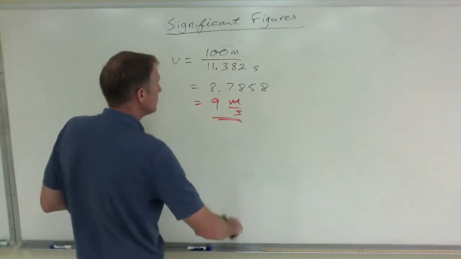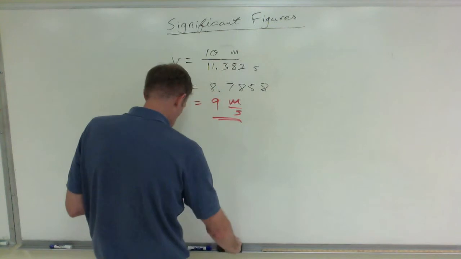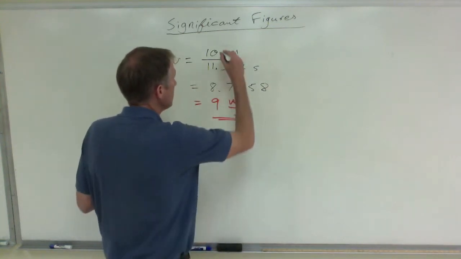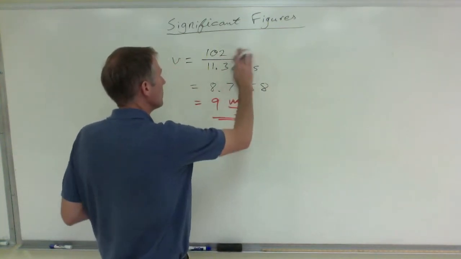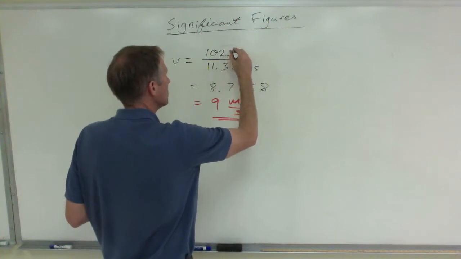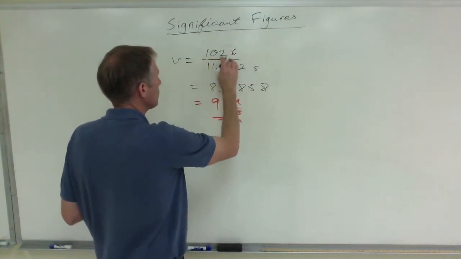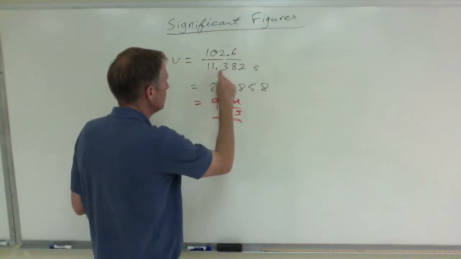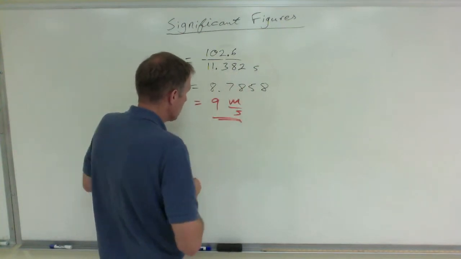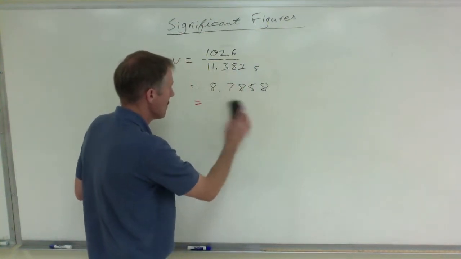If I had given you something like 102.6 meters, that's 4 significant digits. This is 5.